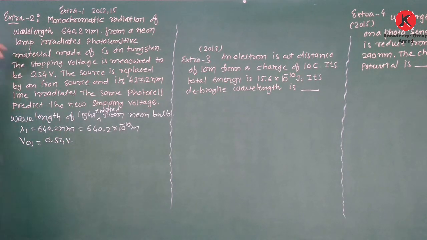Right? Now, the source is replaced by an iron source, and its 427.2 nanometer line irradiates the same photocell.